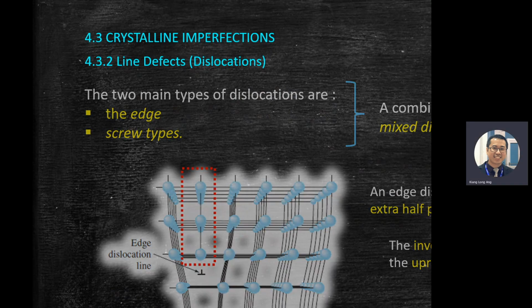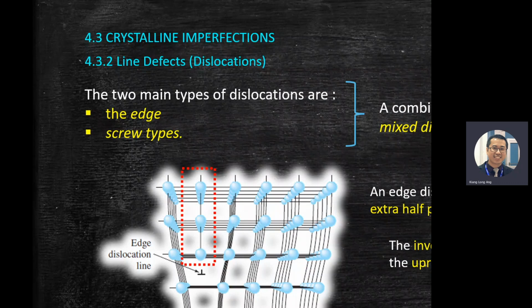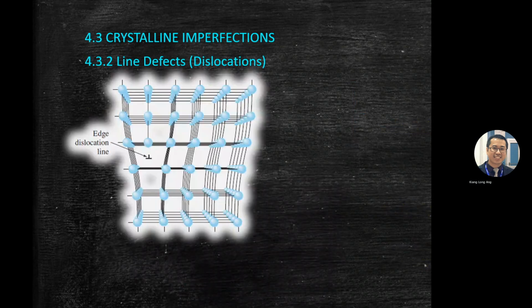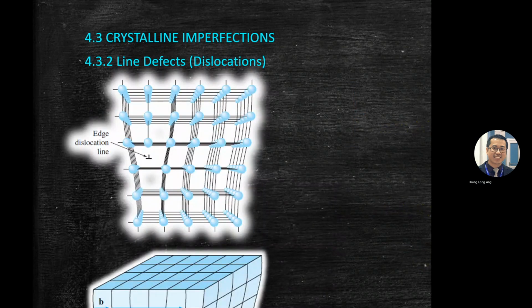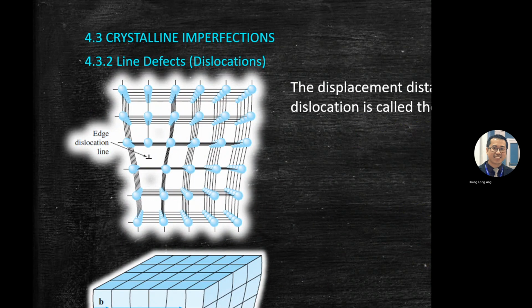Again, in line defect or dislocation, a row of atoms is missing. It's a row of atoms that is missing. So it falls under dislocation. The one that you see here is edge dislocation. This one is in three-dimensional.